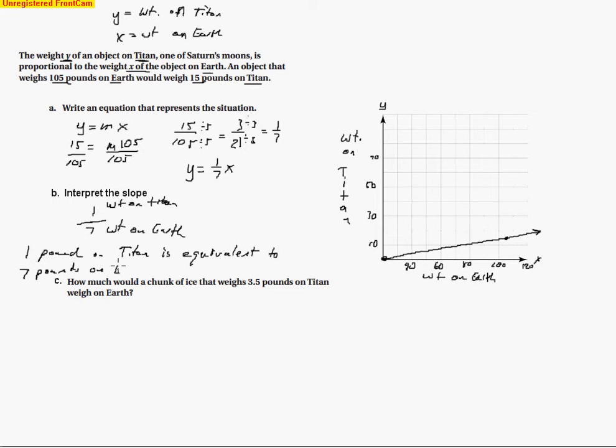And it makes sense, because if you look at the original example, it was 105 pounds on Earth, 15 pounds on Titan. So how much would a chunk of ice that weighs 3.5 pounds on Titan weigh on Earth? And so let's go ahead and plug it in.